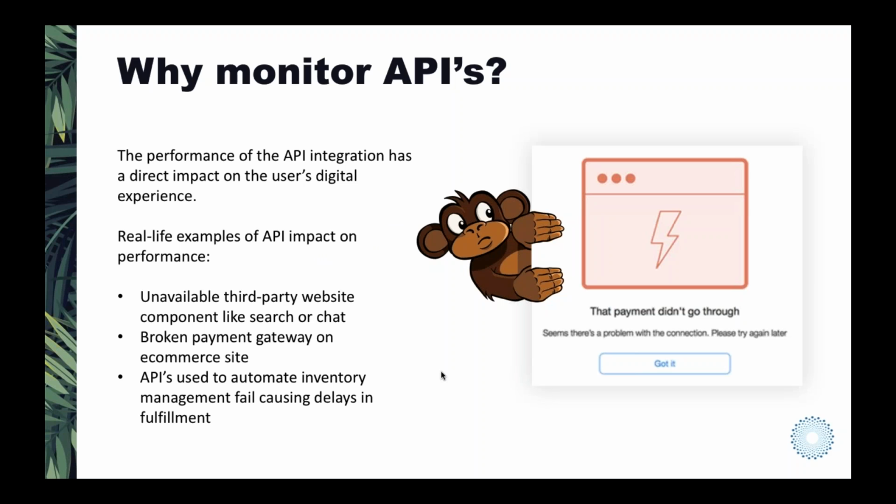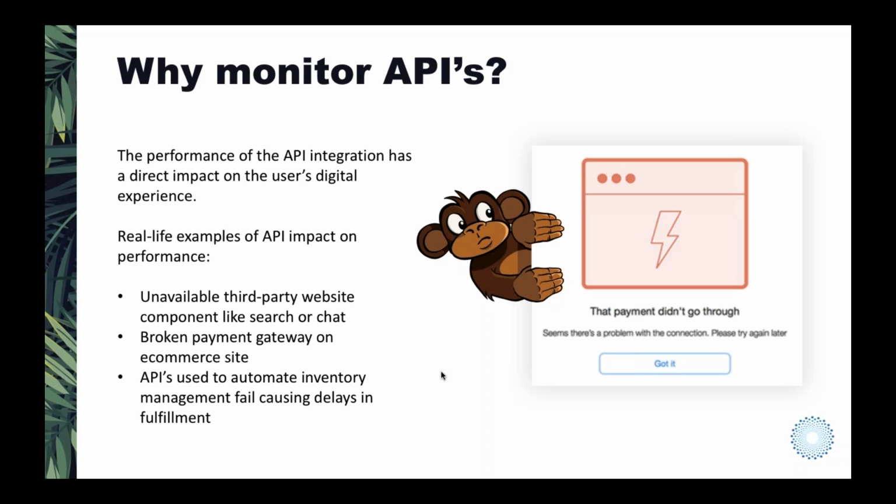So we're going to talk about monitoring APIs here and why it's important to monitor APIs. Whenever you're on a web page and it stalls or you get stuck or you can't complete a particular action, it could be down to an API lying underneath somewhere. It could be a third-party component, a payment gateway, or something that's dynamically updating the page for you.